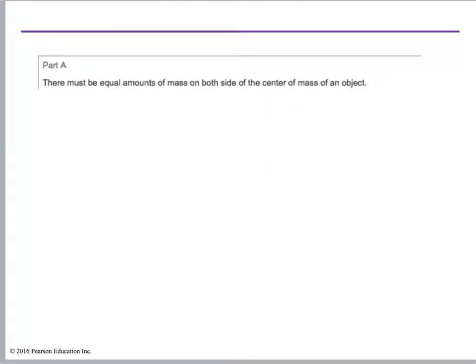Okay, so here's a question I want you to think about. There must be equal amounts of mass on both sides of the center of mass of an object. In a sense, we could even go back to our example for the chocolate blocks, because we could think of that as an example. I know it's not a single object, but it ends up having sort of the same effect.